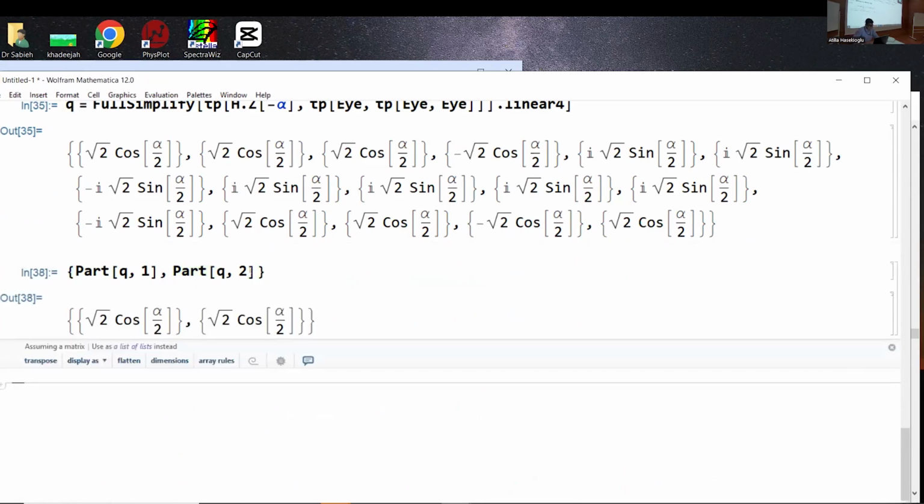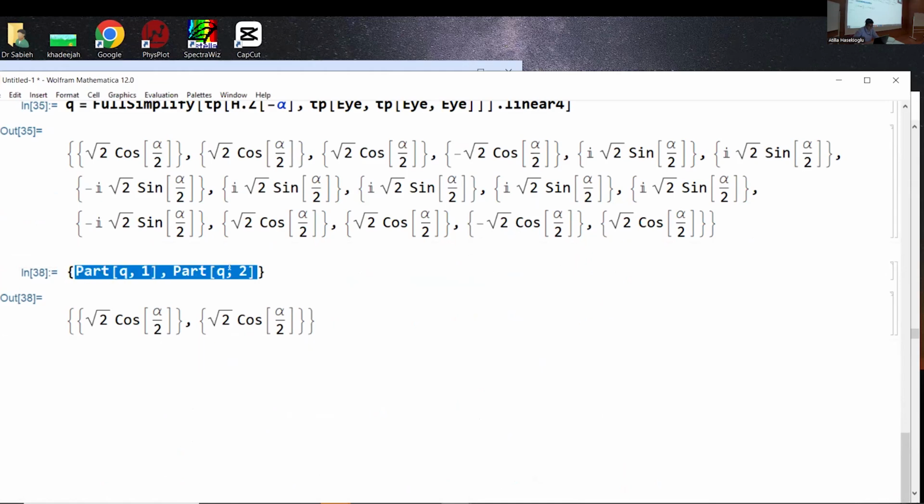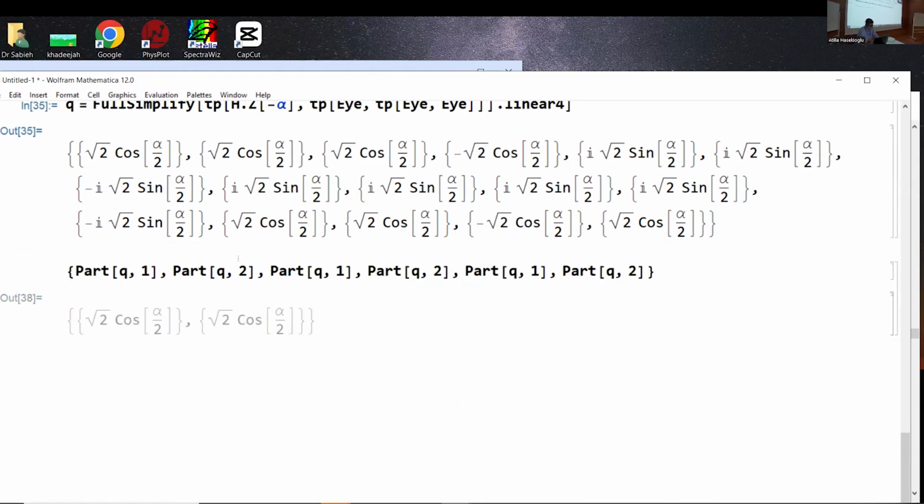Okay, so I just take the first 8 terms. There could be more efficient ways of doing this.